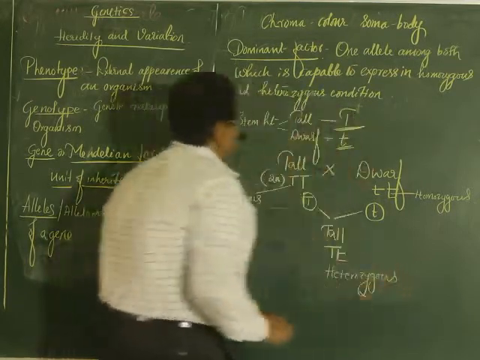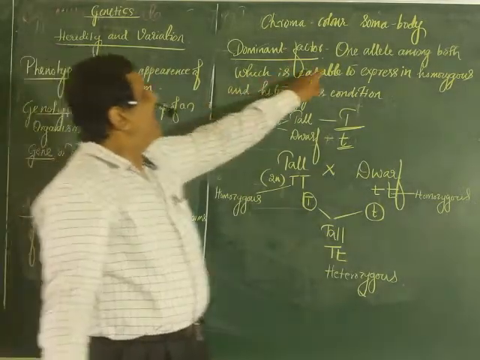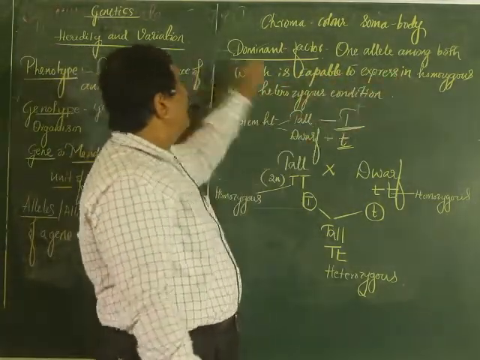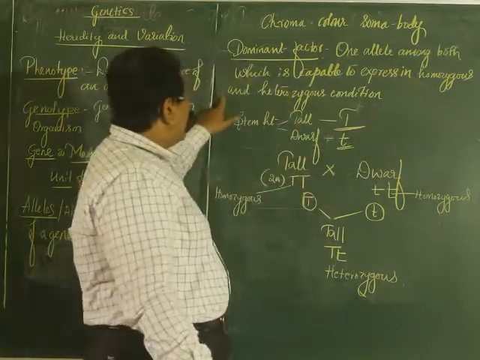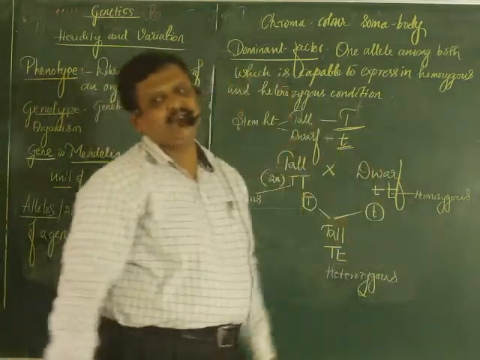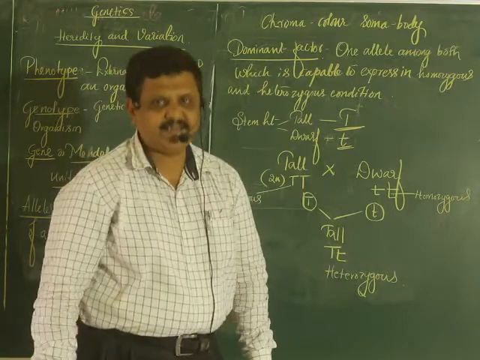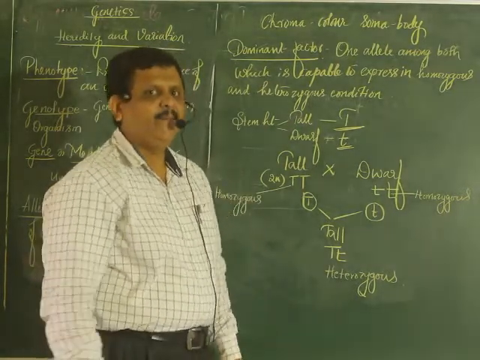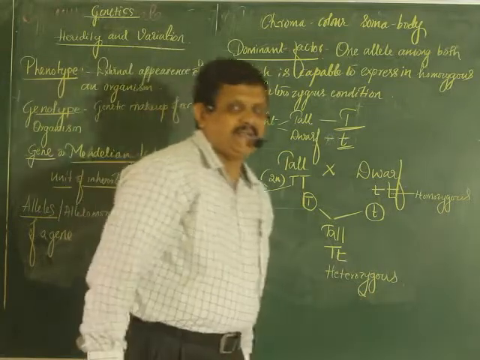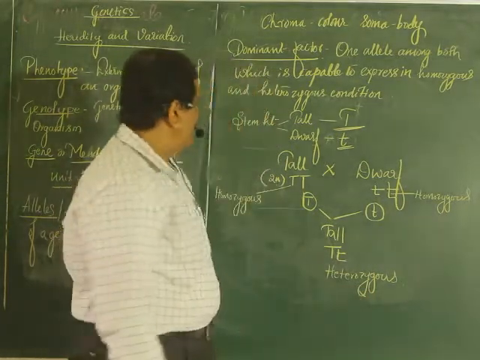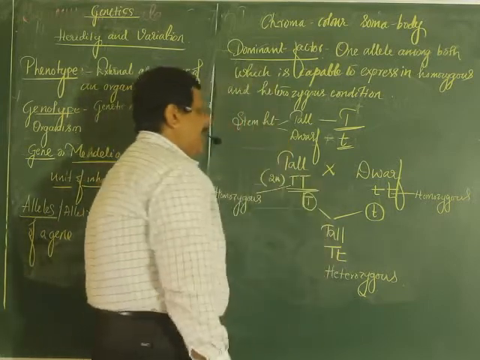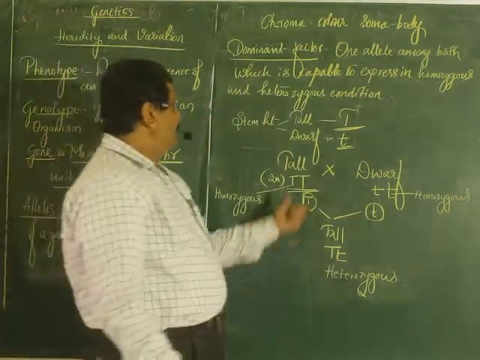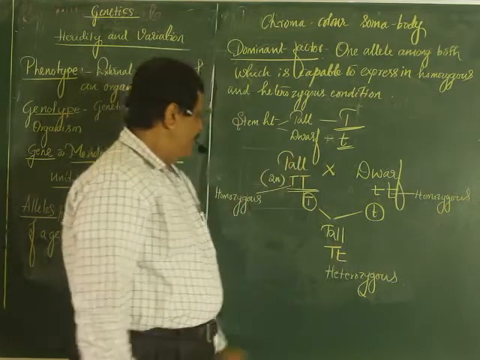See, dear students, what is the definition? One allele among both which is capable to express in homozygous and heterozygous conditions. That's what they say. What is homozygous then? Homozygous means if both the alleles are capital T, then the plant will be tall.